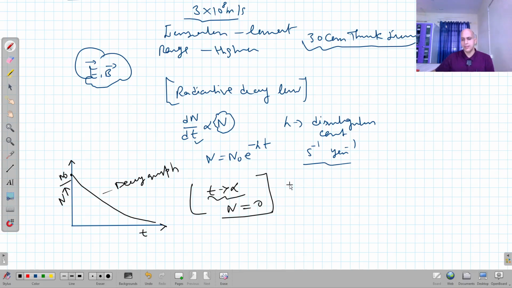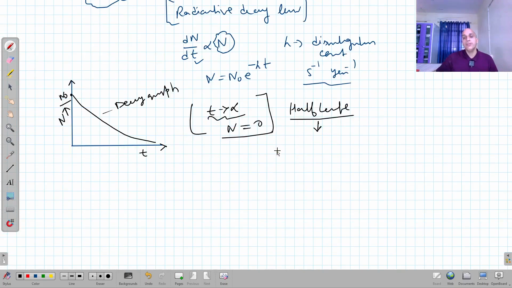Now we know about the half-life period. This is also an important point about a radioactive substance. Half-life is basically the time during which half of the nuclei present in the sample decay. For example, suppose I have 100 gram of a given material and it has a half-life of 4 days. Then after 4 days, 50 gram of the sample will have decayed.